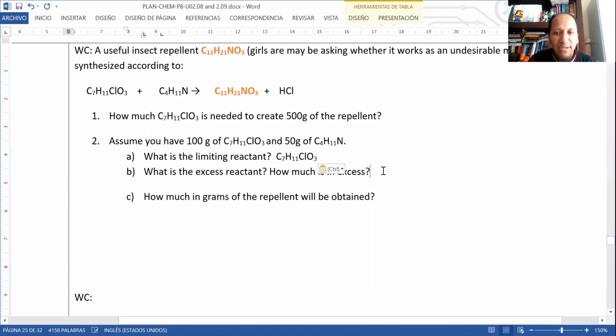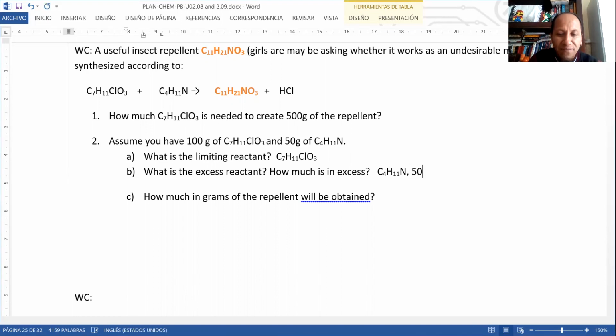What is the excess reactant? The excess reactant is going to be the second compound. Put it there. And what else? It says how much is in excess. By calculation, I just calculated that you needed 40.908 grams. Remember that? So you would subtract how much is in excess.